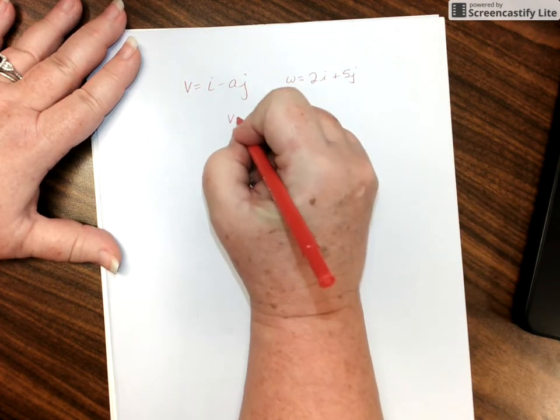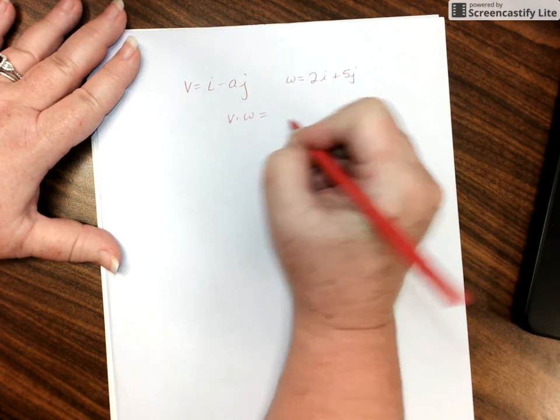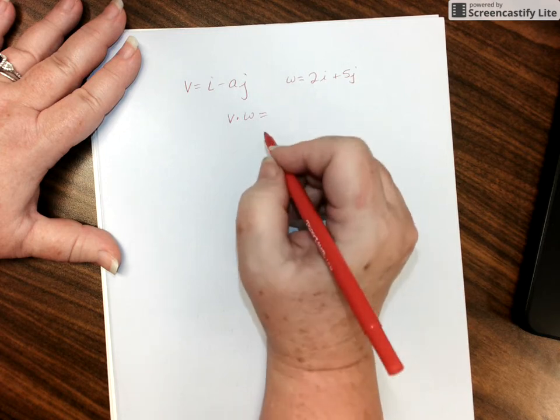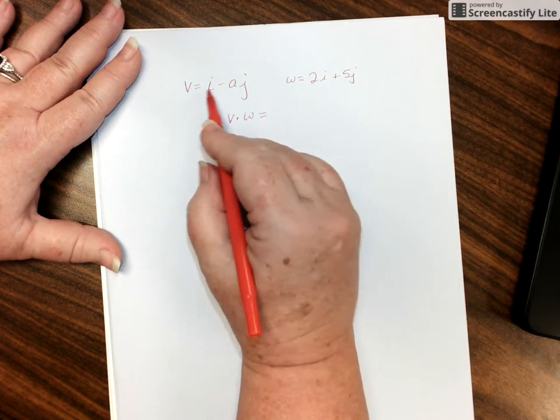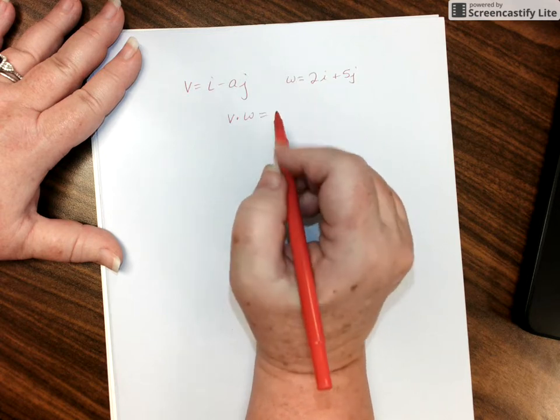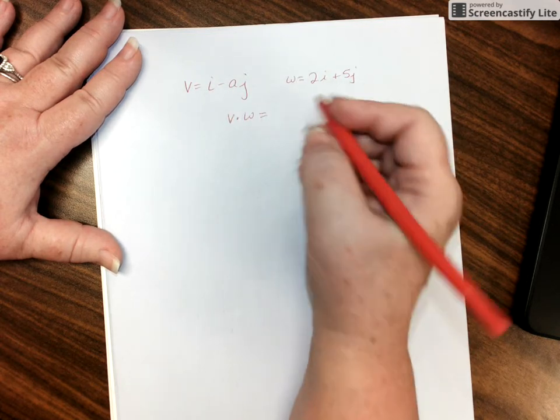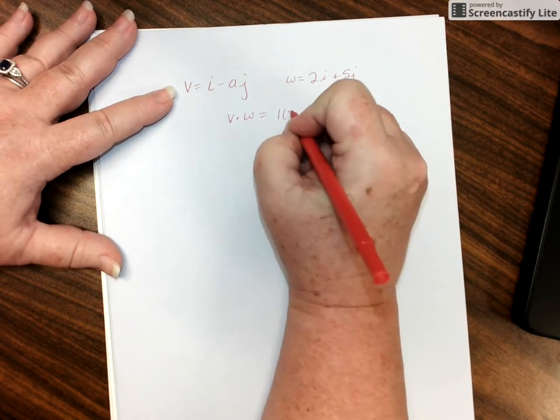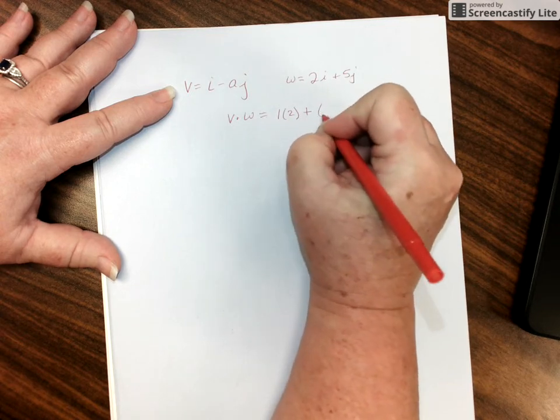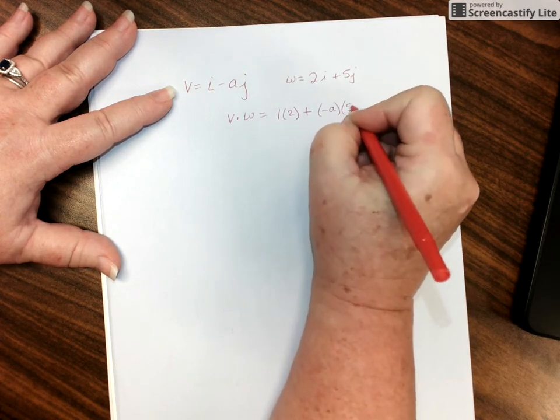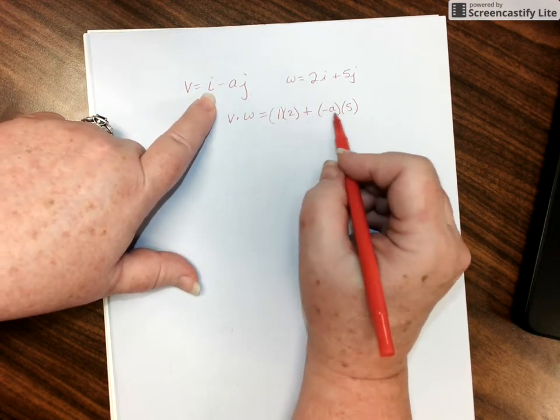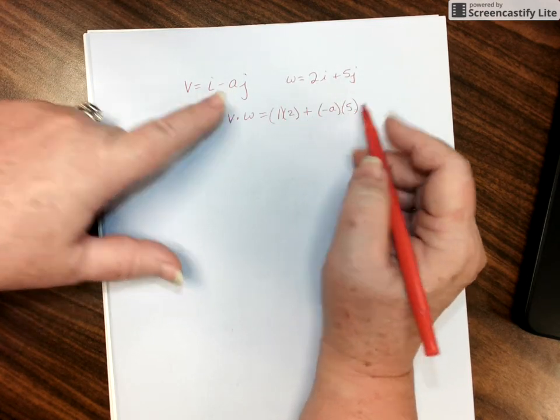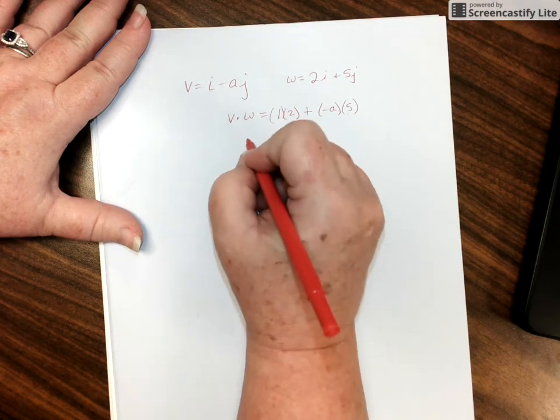Well, if I know that the dot product has to be 0, then let me first of all find the dot product. Well, the dot product is a1 times a2 plus b1 times b2. So I'm going to do 1 times 2 plus negative a times 5. And I wanted that dot product to be 0.